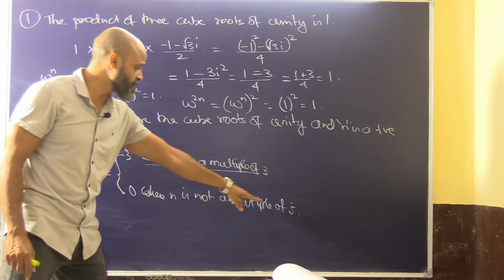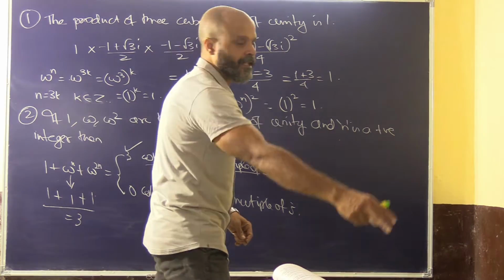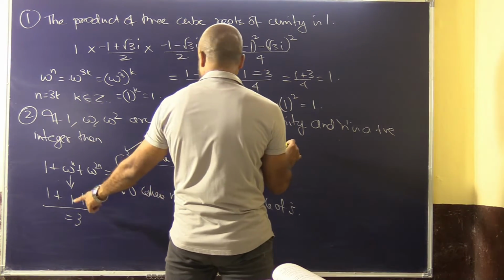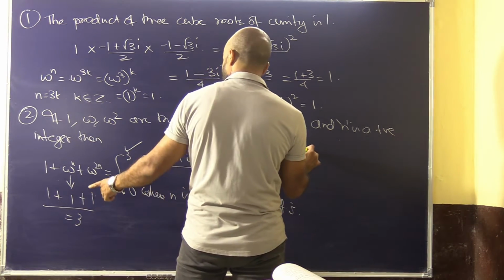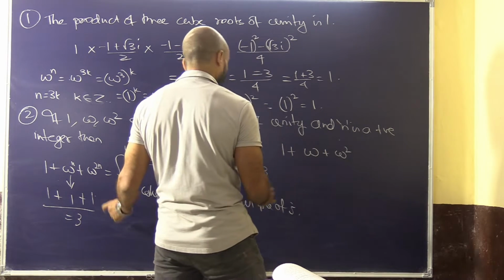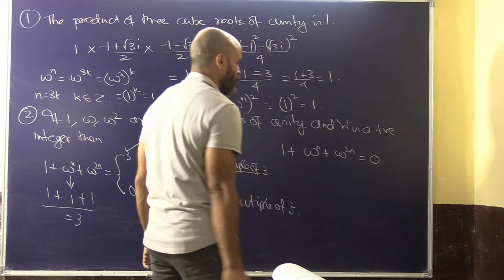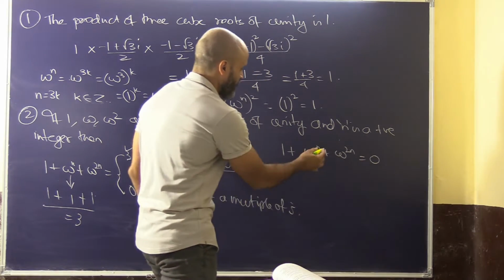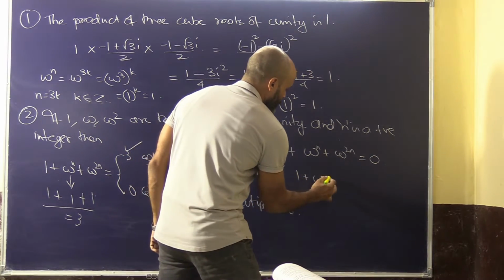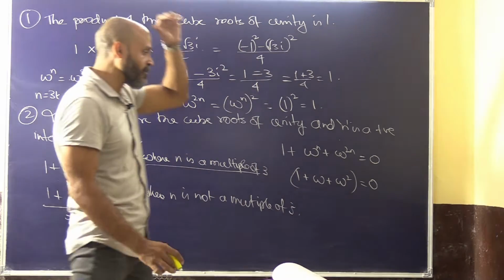0 where n is not a multiple of 3. How will we get this? We know that 1 plus omega plus omega square, with n and 2n, will be 0. If we know that 1 plus omega plus omega square is equal to 0, we already know this, right?